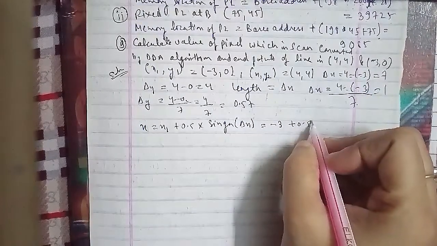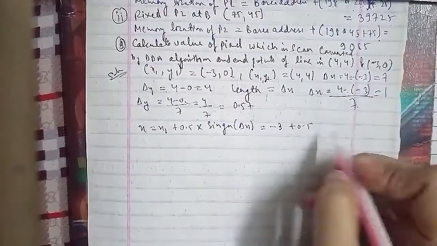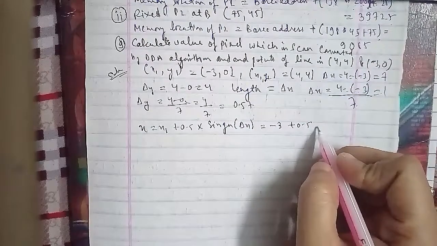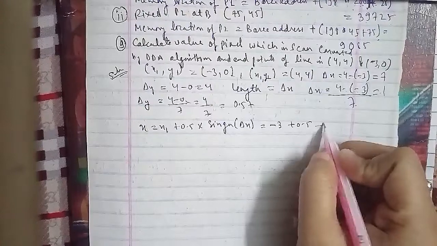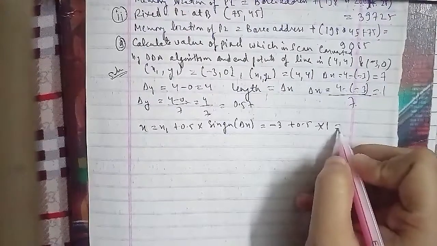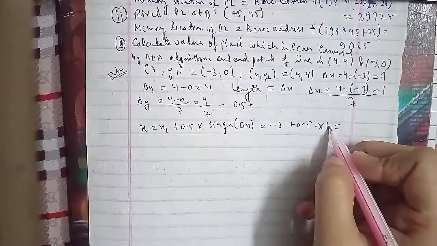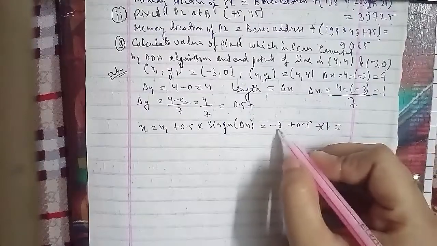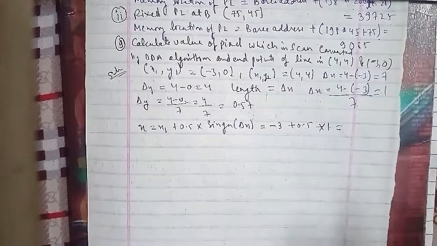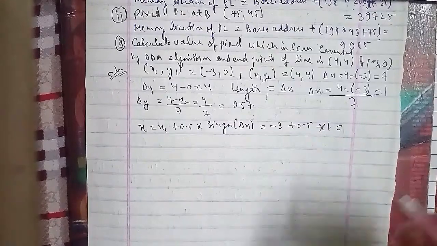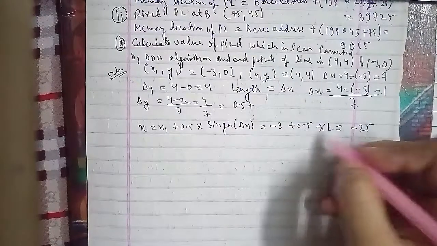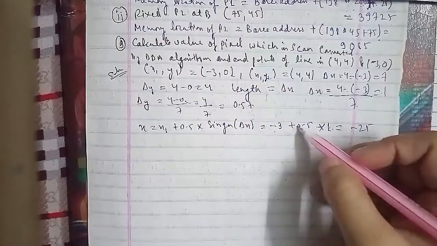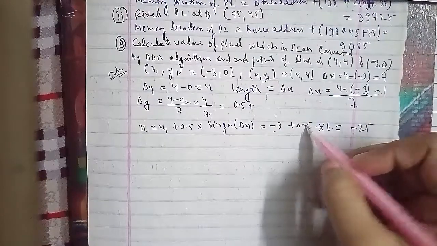We have a 1, so in the same case we put the value, multiplied by 1, and we'll get 0.5 plus 1, and then minus 3 plus 0.5 multiplied is 0.5 only, and minus 3 plus 0.5 will leave 2.5. Okay, that will be the answer.